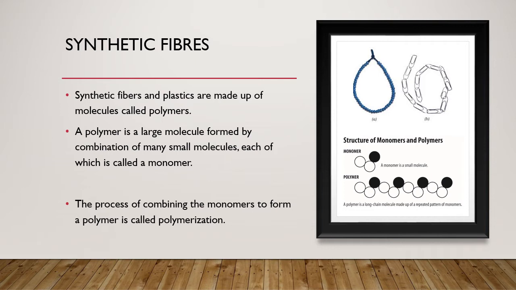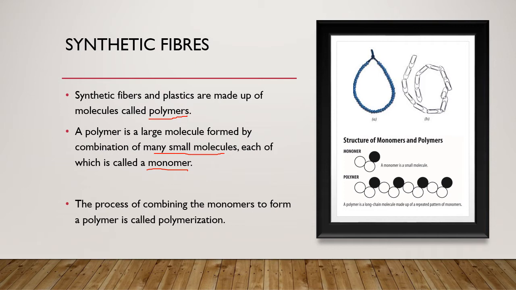Synthetic fibers and plastics are made up of molecules called polymers. Now what are polymers? A polymer is a large molecule formed by combination of many small molecules, each of which is called a monomer. We can understand with the help of this diagram. You can imagine each bead of this necklace as a monomer.